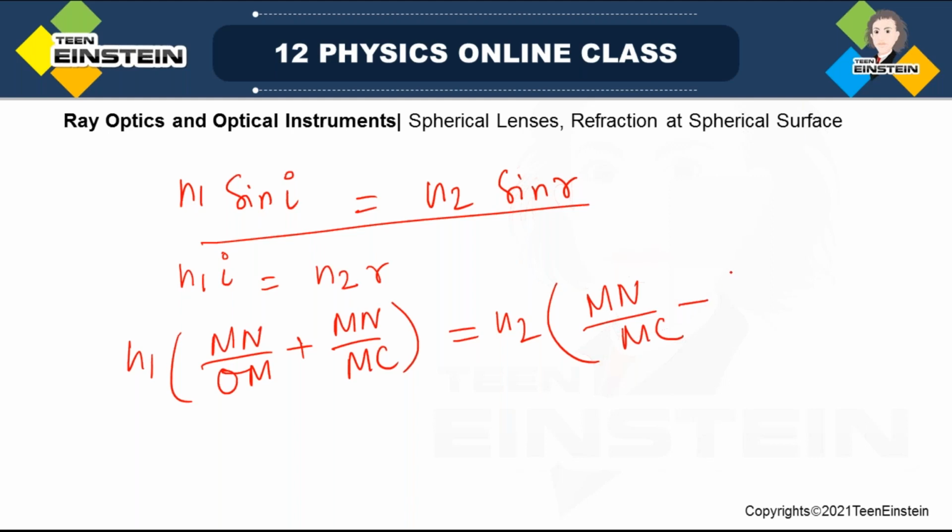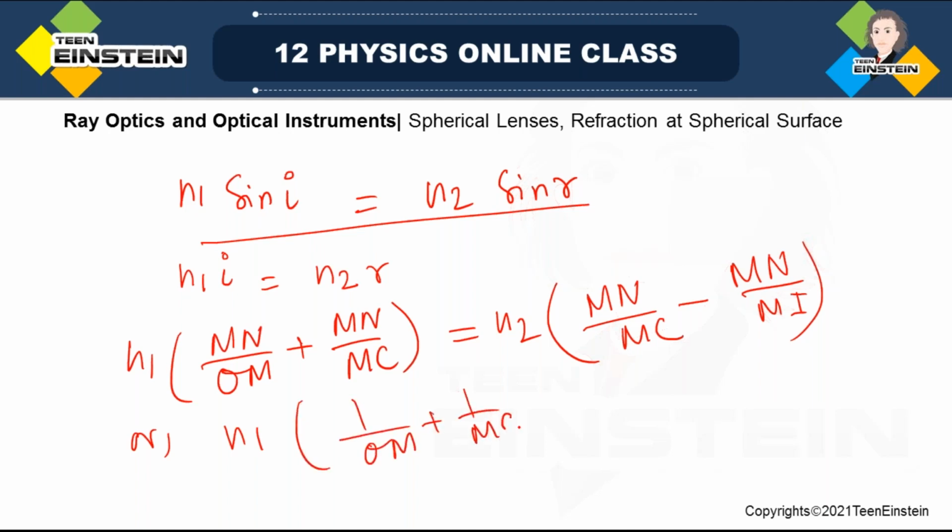One good thing is that MN is common everywhere, so I can cancel it. So I get N2 into 1 by MC minus 1 by MI.